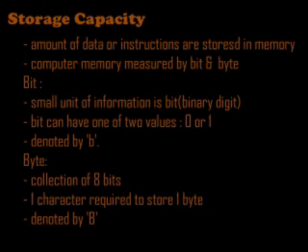Special symbols mean plus, minus, star, comma, semicolon, like that. Each requires 1 byte to store. A byte is denoted by the capital letter B. Did you get what a byte is? It is a collection of 8 bits.